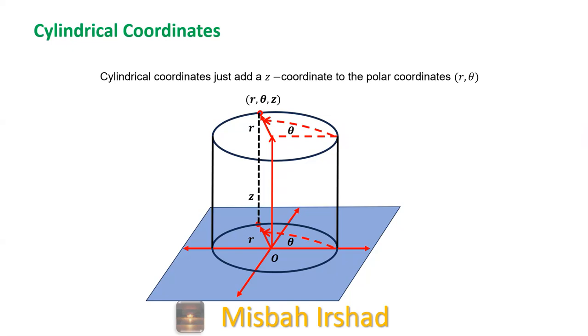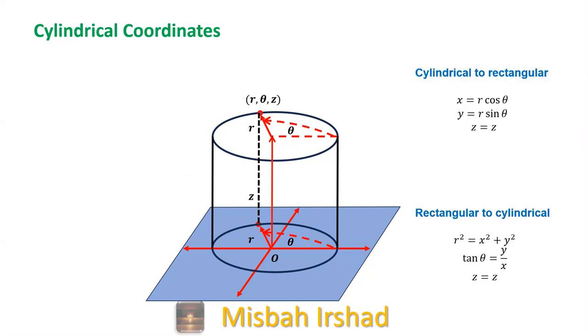Then the coordinates of this point become x is equal to r cosine theta, as we have already proved, and y is equal to r sine theta. This height is the z coordinate of this point, and that z is equal to z. This is the same z as in rectangular coordinates.